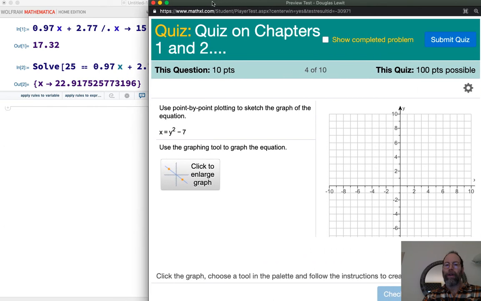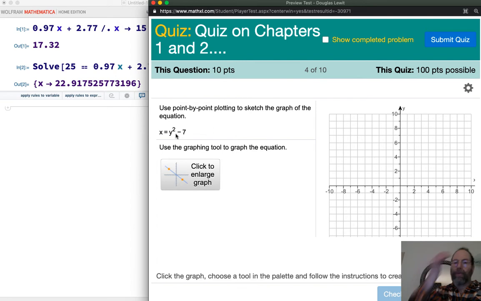First of all, let's look at some points. What happens when y is equal to 0? If y is equal to 0, we have x is equal to 0.